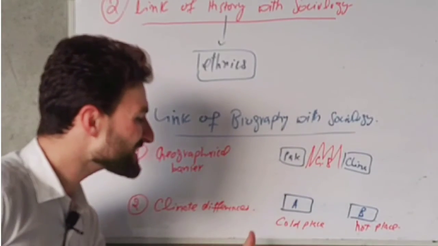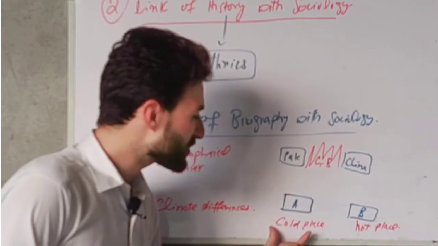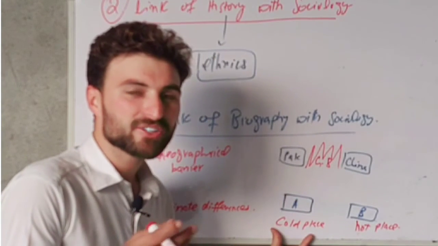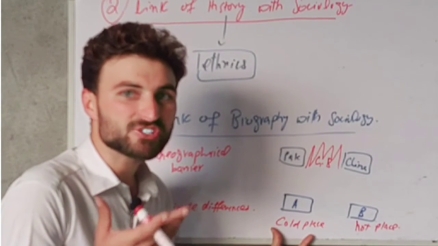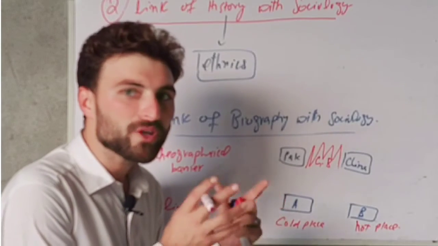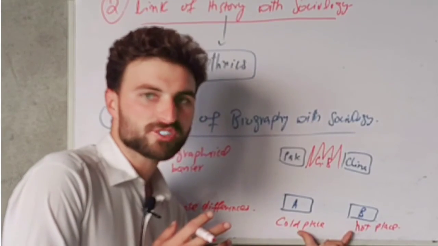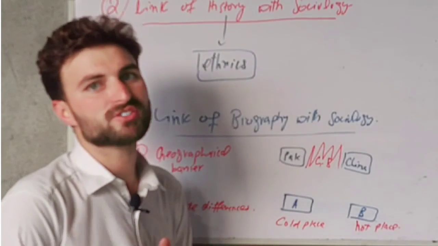So because of these climate differences, the home design, the clothing style or design, and the food varieties will be very different among these two countries or societies.